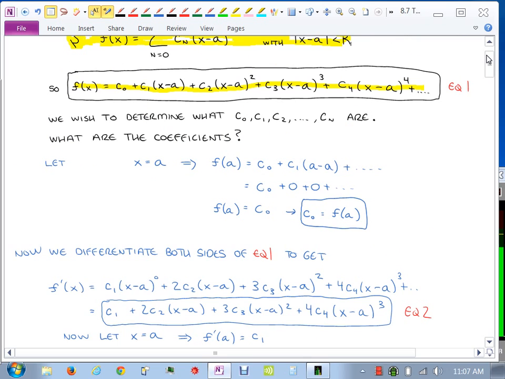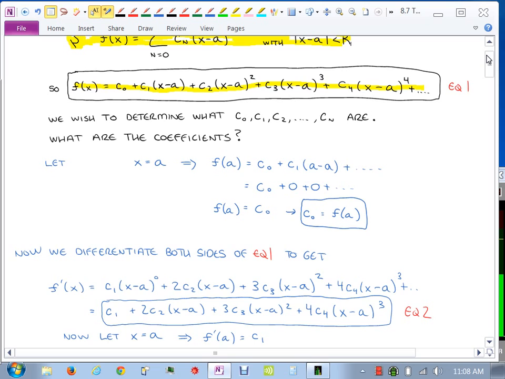So what is the derivative of a constant? 0. What's the derivative of a constant times x minus a? Yeah, that's just a 1, right? So C1. So that's where we get C1 right there. Then the derivative of C2 times x minus a squared, 2 comes down. Then subtract 1, so it's just that to the first power. So here's our 2 C2 comes down, x minus a to the first power. And then we keep doing it, right? Do it. And so we get a 3 C3, blah, blah, blah.